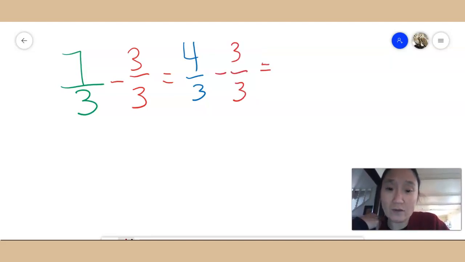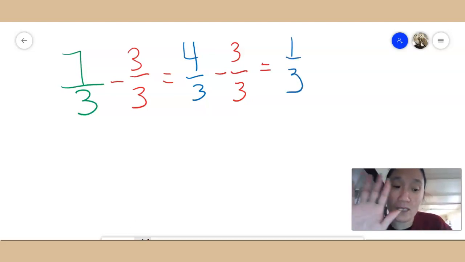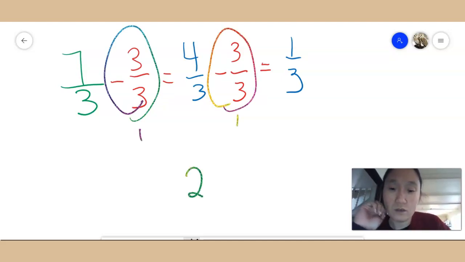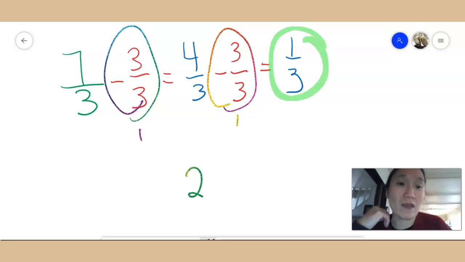So then that would get me 1 third. Whoa, I've now hit my proper fraction. So how many red fractions did I take away? I took 1, and this is another 1. So I took 2 red fractions away, 2 wholes. And I was left with my proper fraction, which is 1 third.